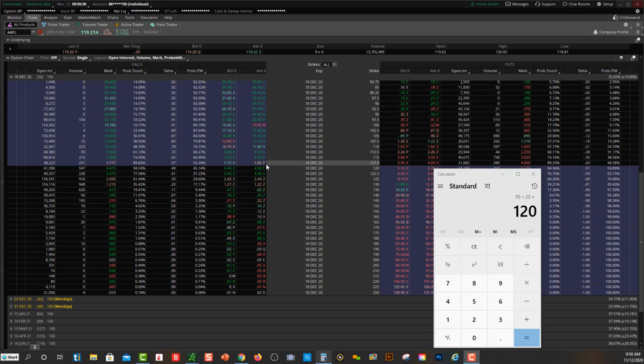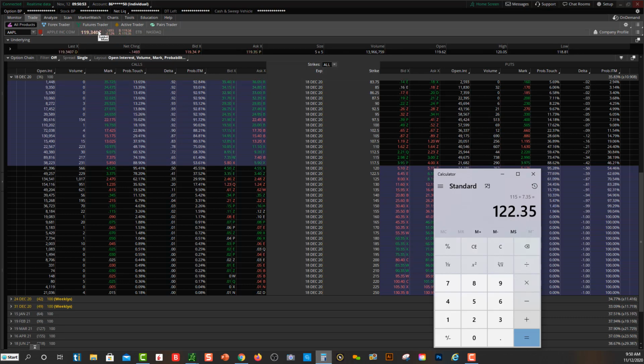So as we go lower, let's just say right down over here, 115. So 115 strike, if I add $7.35 to it, that would be 115 plus 7.35. That means Apple has to move up to $122.